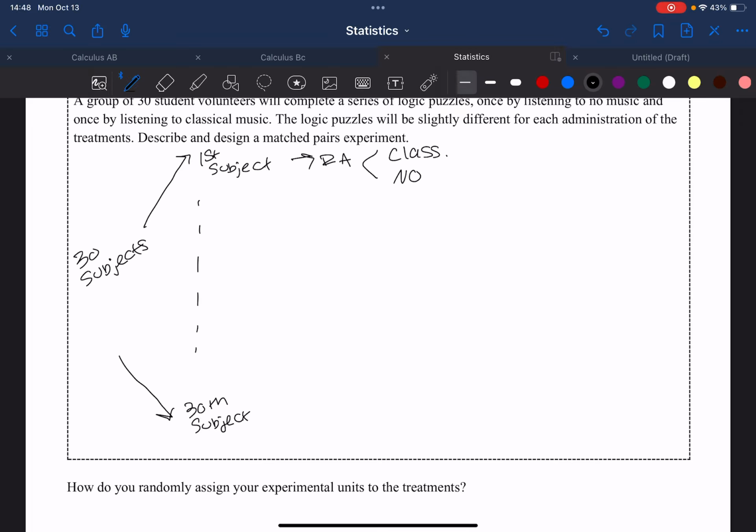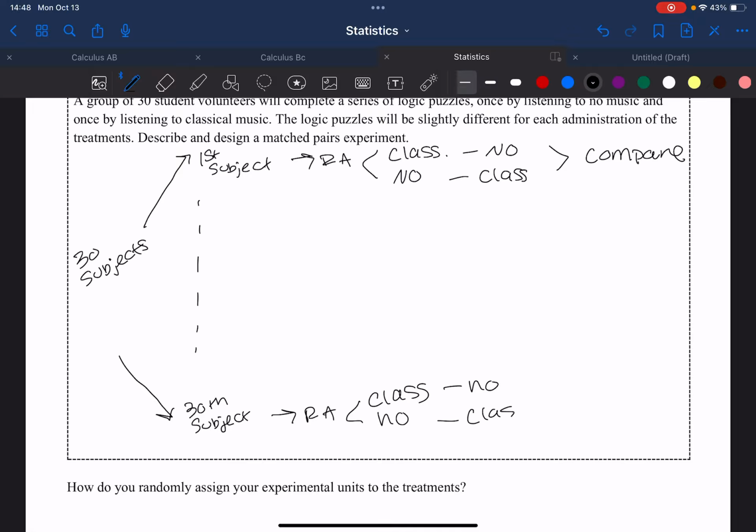And then whatever they get first, they always are going to get the other one next. Then we're going to compare the results. We're going to do this for every single subject until we get to the 30th and do it for that one as well. And then compare.